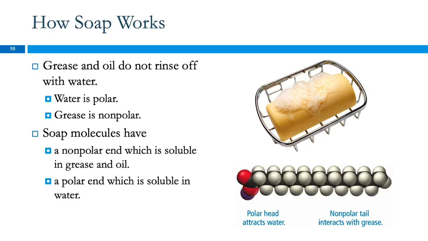The oxygen-carbon bonds are polar, and this whole molecule is not symmetrical. And so this end is polar, and the rest of it is nonpolar. So what happens is this nonpolar end will get into and mingle with the grease or the oil molecules, and the polar end will be attracted to the water molecules.